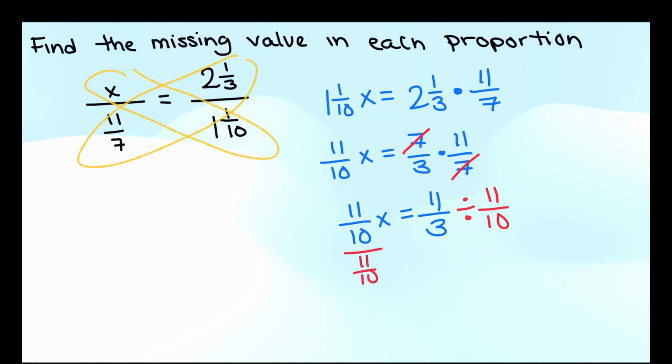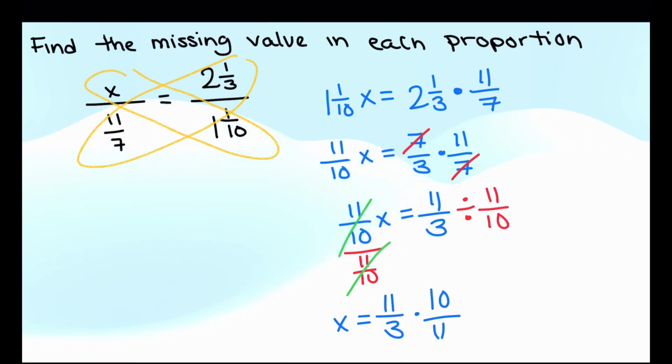To solve for x, again, the x is being multiplied by 11/10, so I have to divide by 11/10. This is the exact same process we used in the previous example. Dividing by 11/10 on the left-hand side will isolate that x. So we also have to divide by 11/10 on the right-hand side.